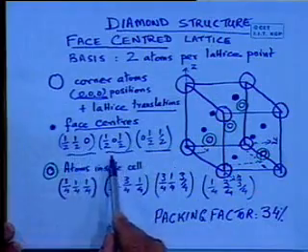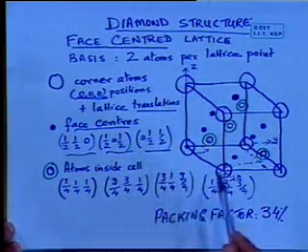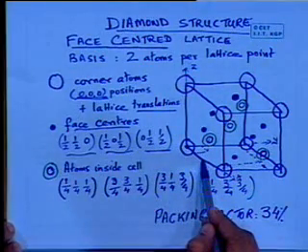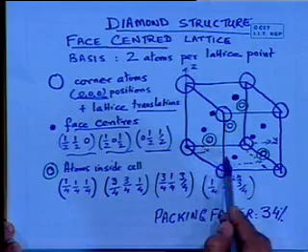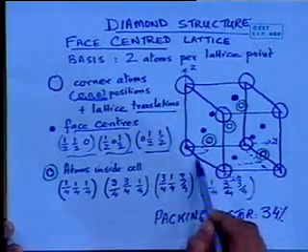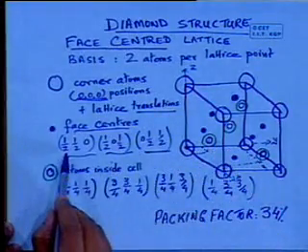Half, half, 0, half, 0, half, and 0, half, half. What do we mean by that? I move half the lattice constant in this direction, and then half in this direction, and then, where would I end up? Half, half, 0.